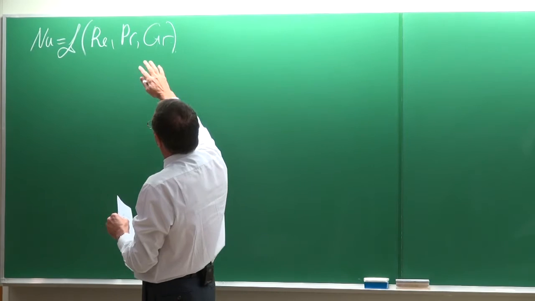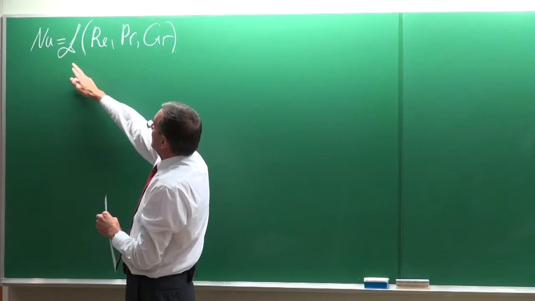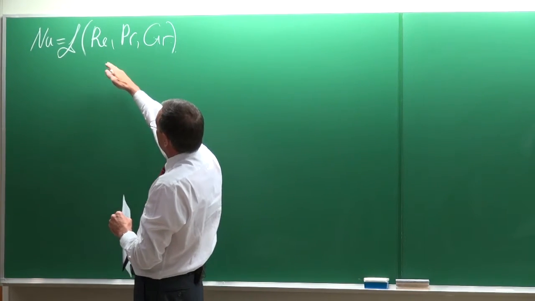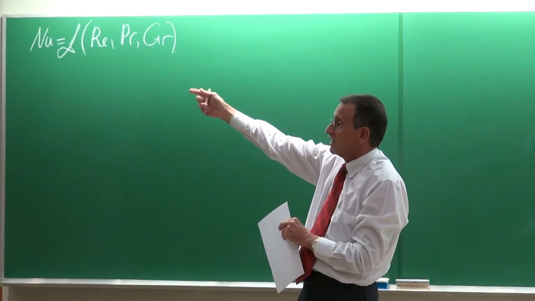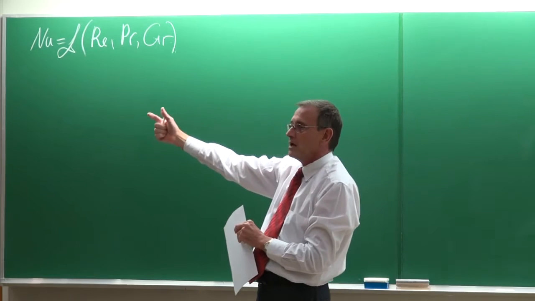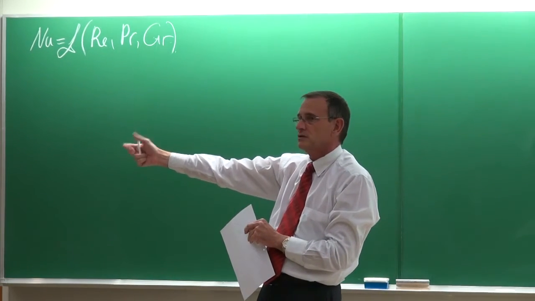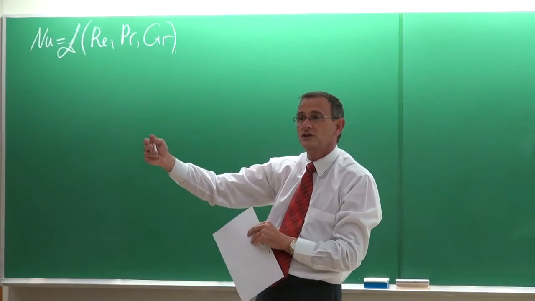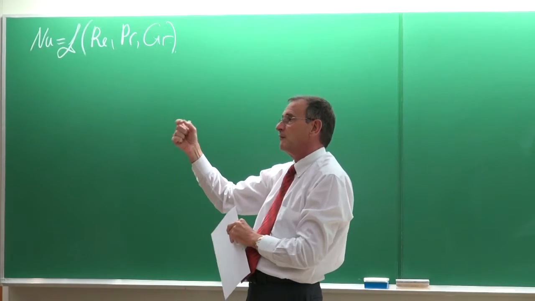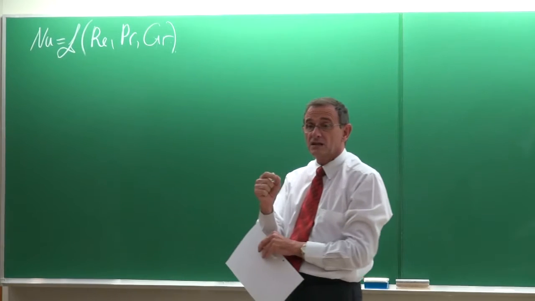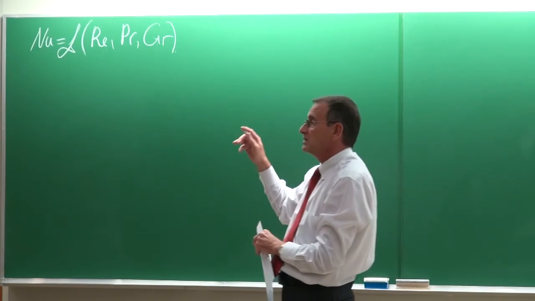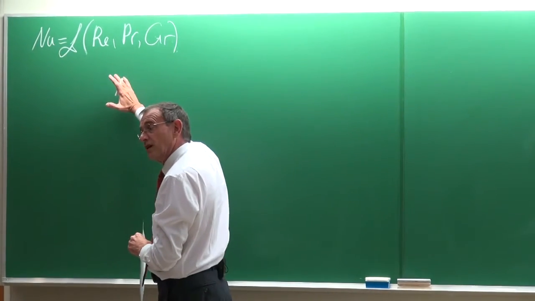And all those relationships, Nusselt number is a function of Reynolds, Prandtl, and Grashof. The results are available in graphs, tables, and empirical equations. You have to go and look for it, and you have to look at the fine print very carefully. What you have in the textbook are just some of the important information that has been summarized.